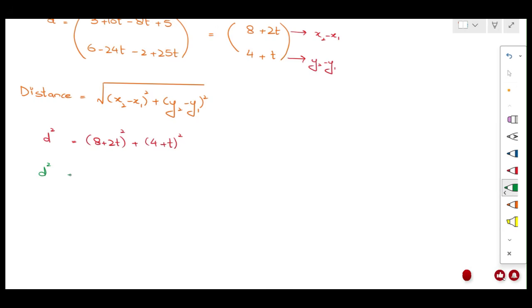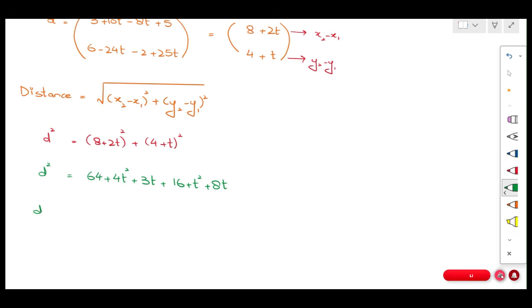So for d squared, open the squares, (a plus b) whole squared. 8 times 8 is 64. 2 times 2 is 4, 4t squared, plus 2 times 8 times 2t, that is 2 times 2 is 4, 4 times 8 is 32t. Then 4 times 4 is 16, t times t is t squared, and 2 times 4 is 8t.